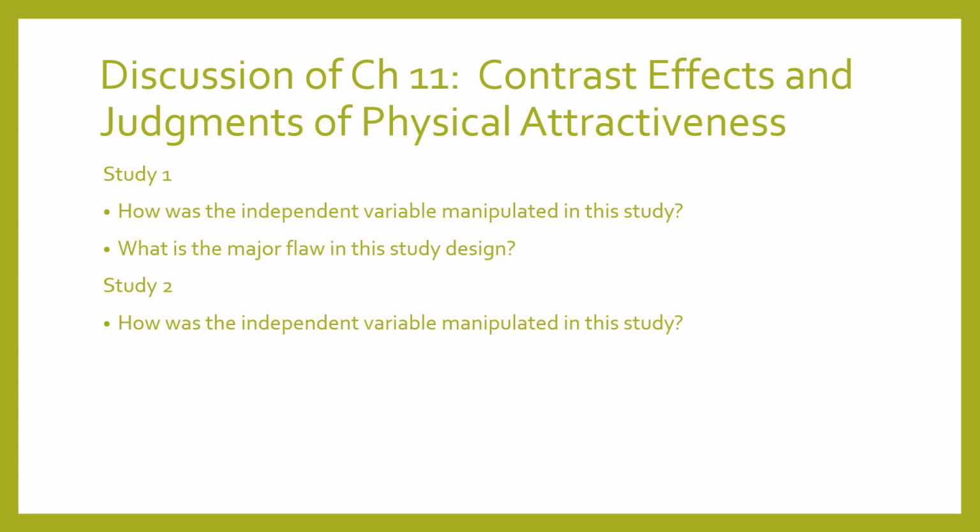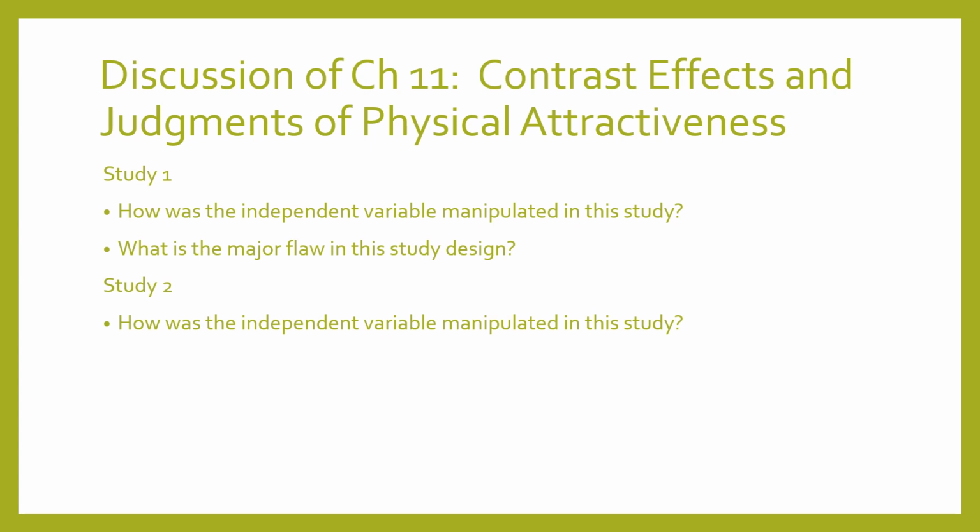This means that there could be other important differences related to television show preference that could have played a role in how they went on to rate that photograph. So it creates confounding variables or questions about whether or not their independent variable actually caused the difference or actually influenced the difference of ratings.